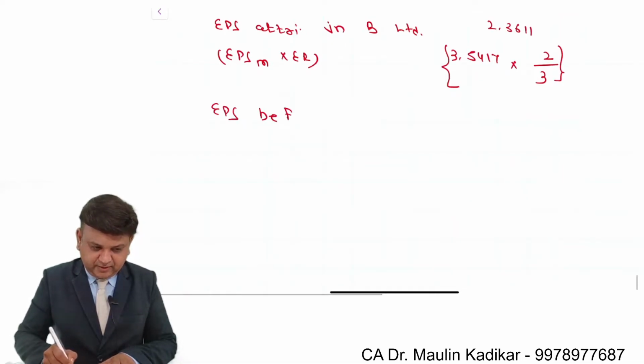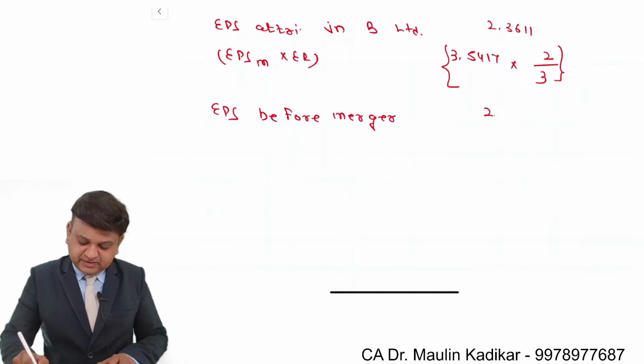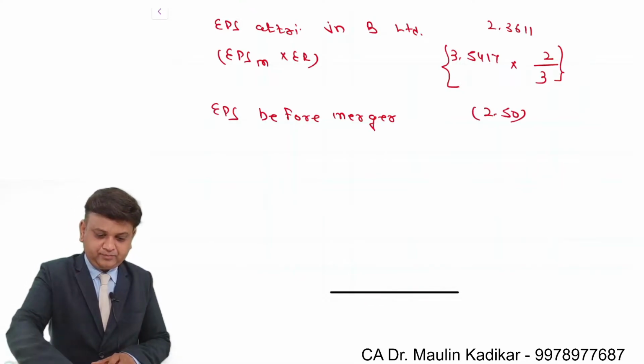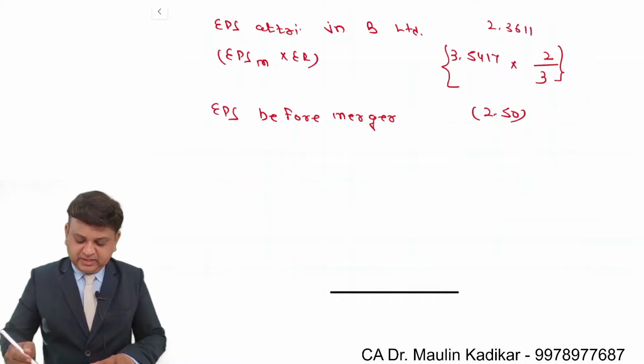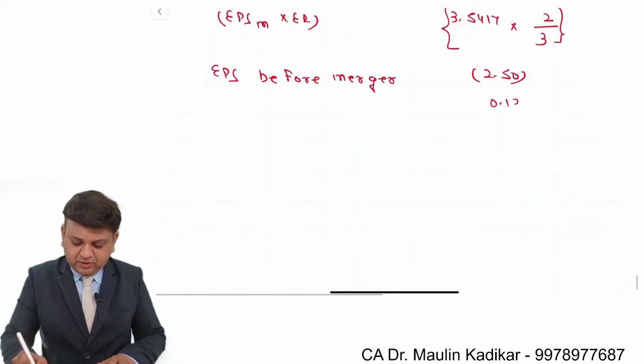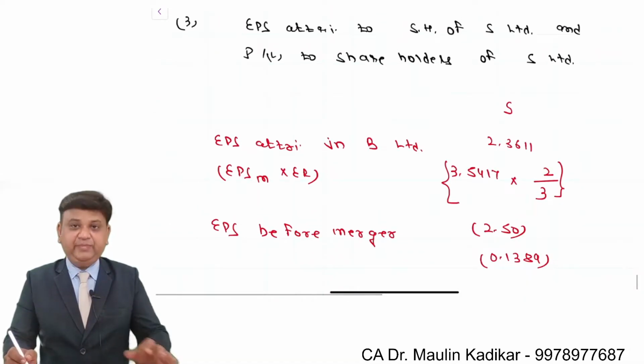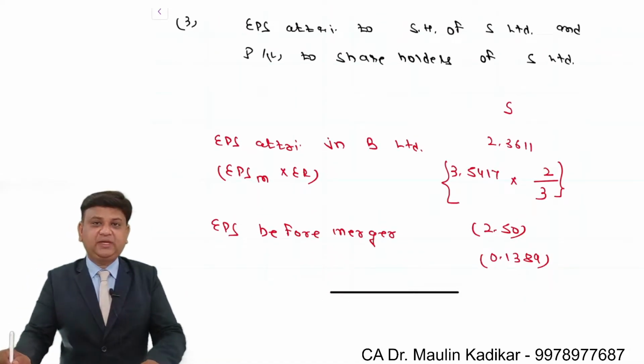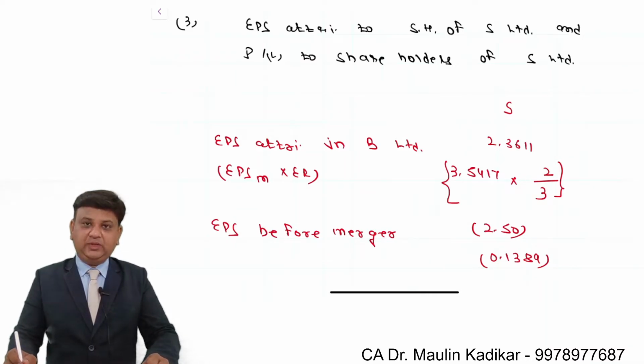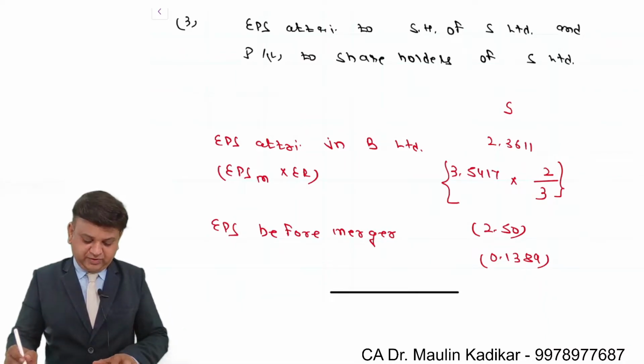EPS before merger is 2 rupee 50 paise. 2.3611 minus 2.5 comes to a loss of 13.89 paise. That is the way EPS attributable to S Ltd can be found, and along with that the profit or loss to the shareholders of S Ltd.